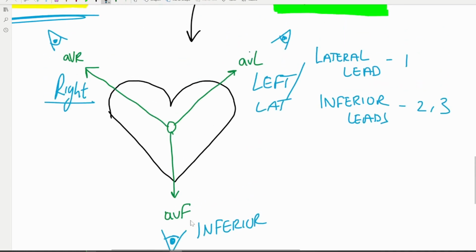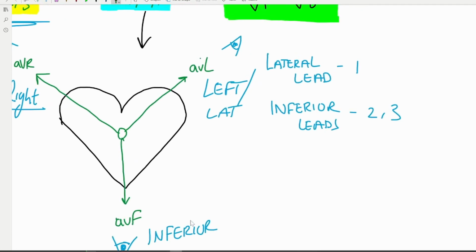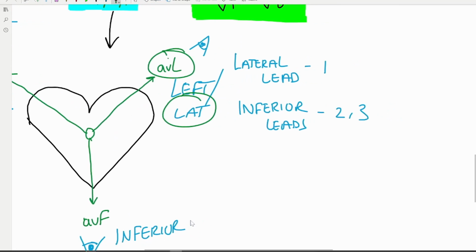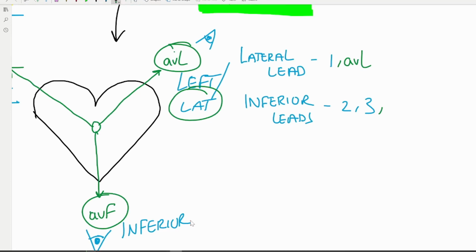Alright? So now let's assign our directions. So AVL is going towards the lateral side. So let's put AVL. How about AVF? AVF is inferior. So let's assign this to our inferior leads, AVF.